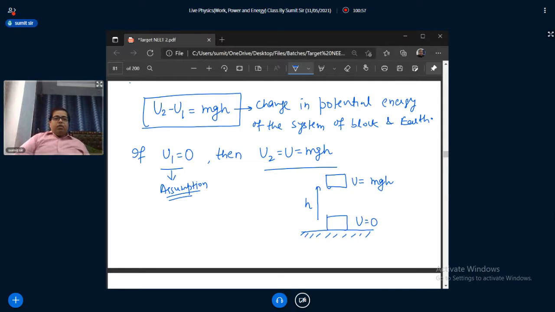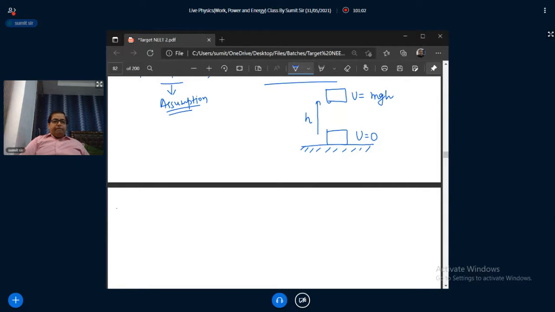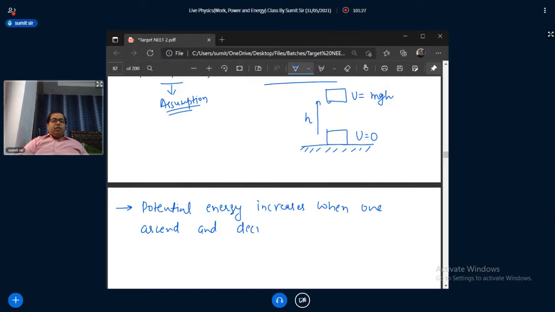So we can say potential energy increases when one ascends and decreases when one descends.